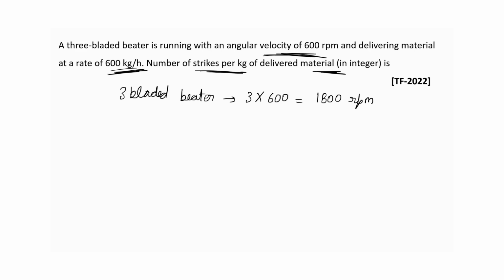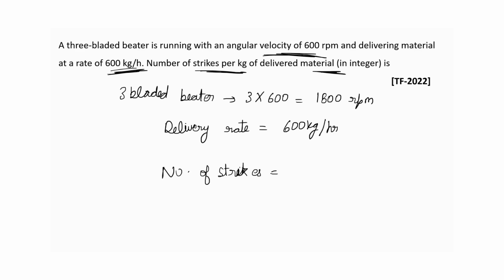and the delivery rate is given as 600 kg per hour. So the number of strikes becomes the angular velocity of the beater divided by the delivery rate.